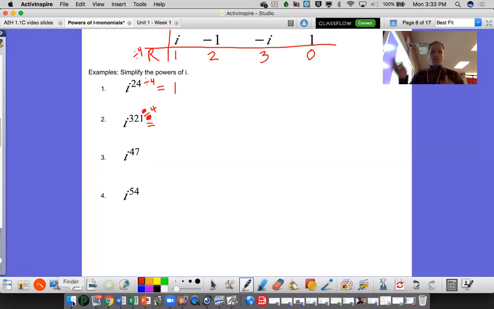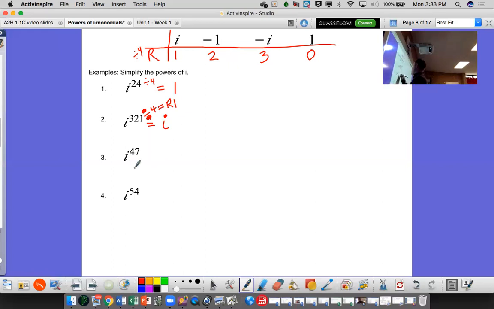So we could have all these i to the fourths, 80 of them, and then just one little i left over, and all of those i to the fourths would turn into 1. 1 times whatever we get with a remainder of 1, i, would just be an i. Again, I'm not so worried that it's 80 times. It's the fact that there's 1 i left over, and all 80 of those previous i to the fourths turn into 1s multiplied together.